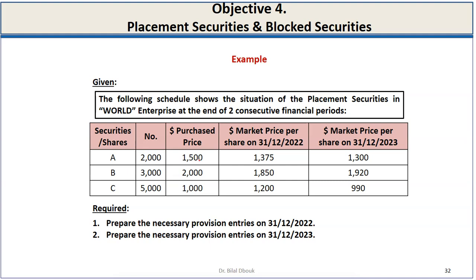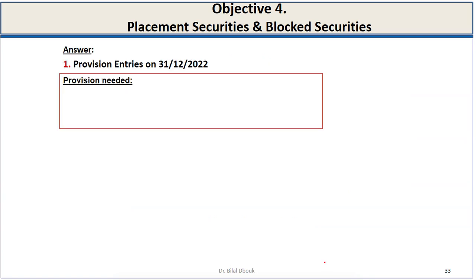The purchase price for each one is $1,500 for A, $2,000 for B, and $1,000 for C. The market price per share on 31/12/2022 is given as 1,375, 1,850, and 1,200. Market price on 31/12/2023: 1,300, 1,920, and 990. We have to prepare the necessary provision entries on 31/12/2022 and also the provision entries for the following year 2023.